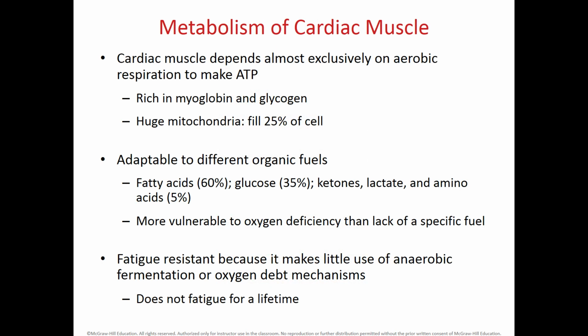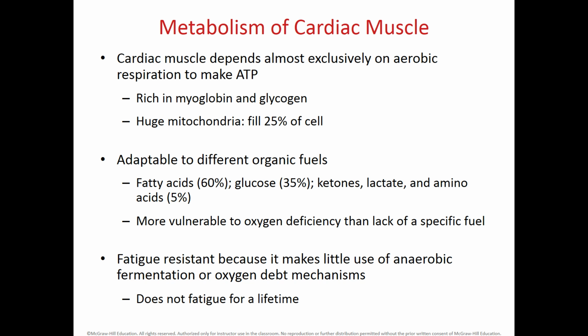Okay, so the heart metabolism. The cardiac muscle depends almost exclusively on aerobic respiration to make ATP. And the heart uses glycogen storage, and it is rich in mitochondria because mitochondria is part of the aerobic respiration system that makes ATP.